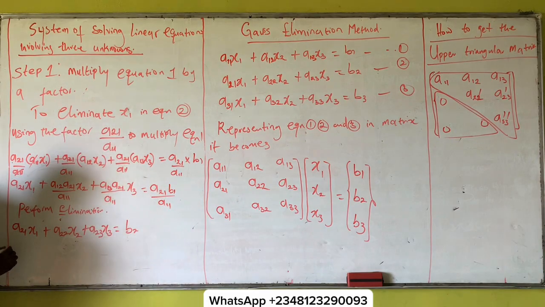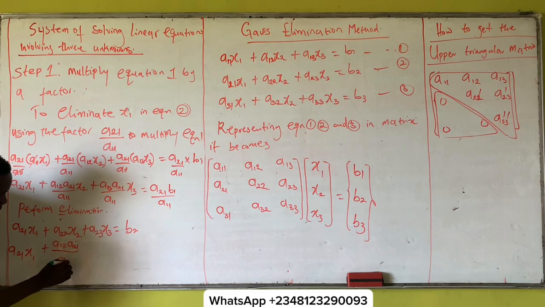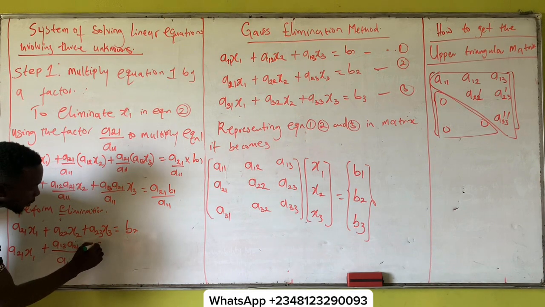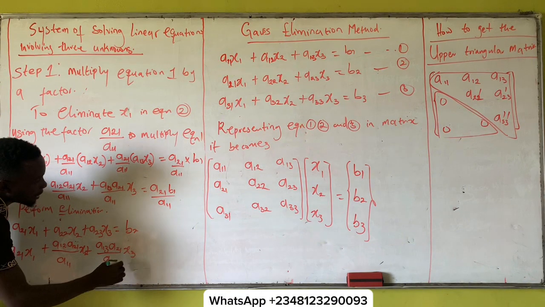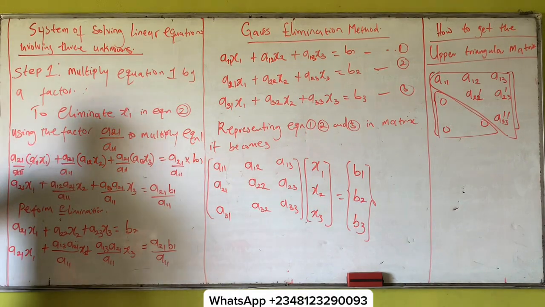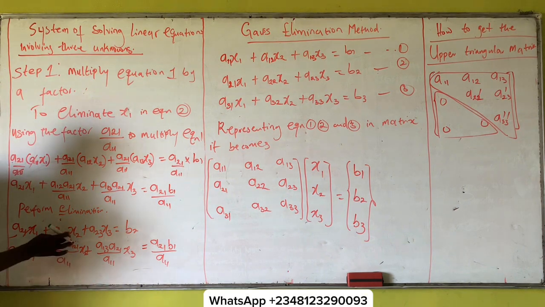The new equation is A21 x1 plus A12 A21 all over A11 x2, plus A13 A21 all over A11 x3, equal to A21 B1 all over A11. If we subtract A21 x1 minus A21 x1, this will cancel out.